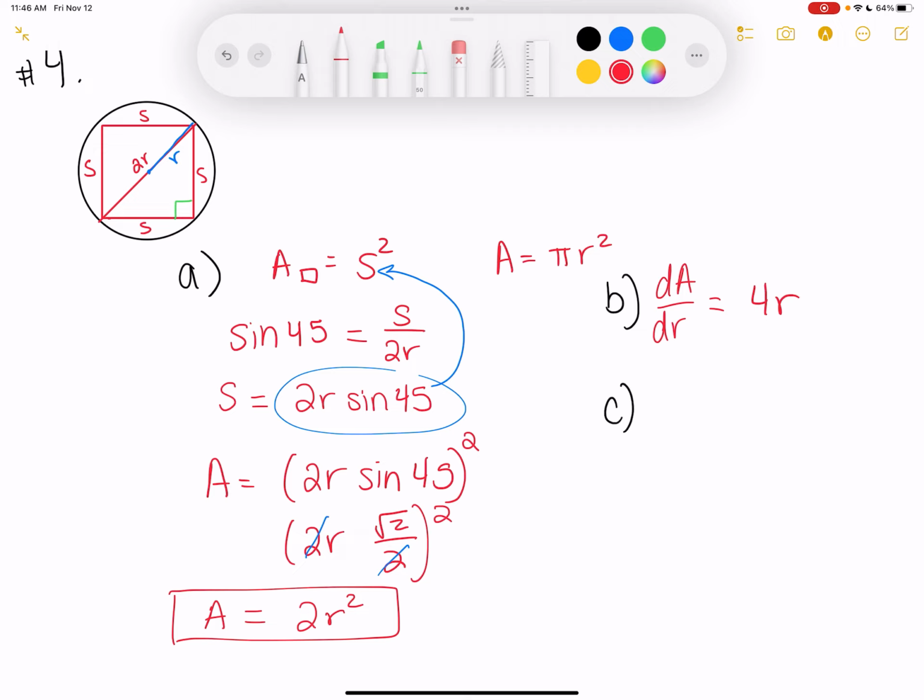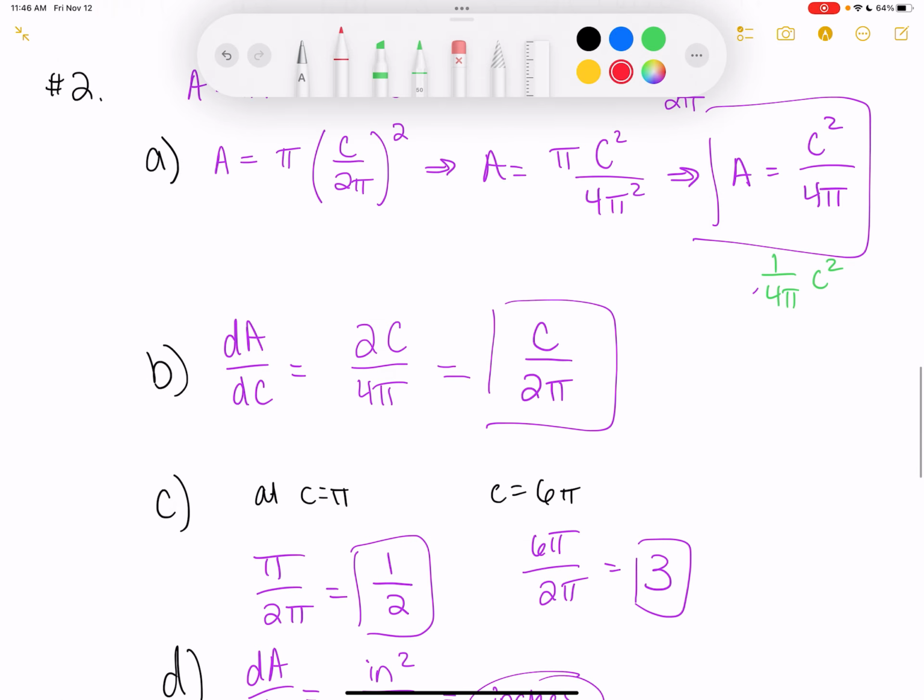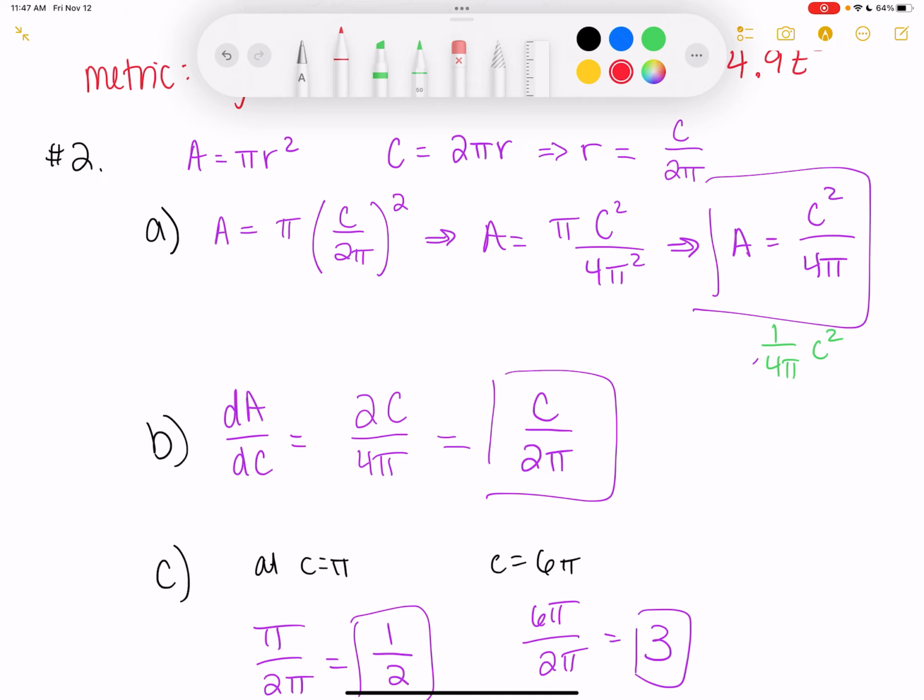C asks what the denominator means in the derivative. If the denominator is just a number, then it's just the number that you're pulling out of the exponent over whatever the denominator is. But a lot of times it'll be something that will cancel or simplify. Like in the last one, you had c squared over 4 pi, or 1 over 4 pi times c squared.